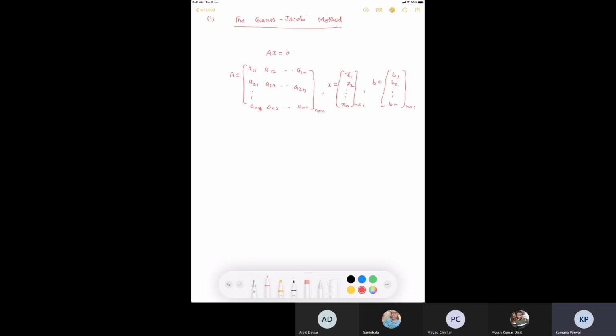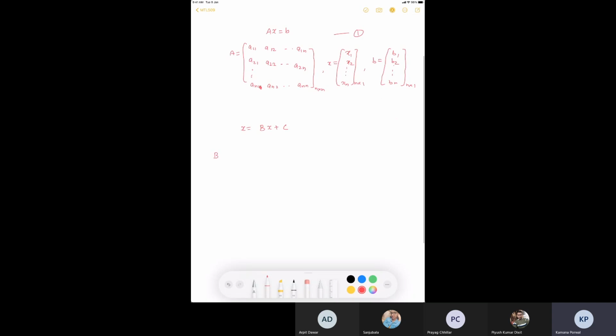So what was the idea of this Gauss-Jacobi method? That we rewrite this linear system as x = Bx + c with these new matrices B and C. B is the matrix with the entries: the first row is 0, minus a12 divided by a11, up to minus a1n divided by a11.